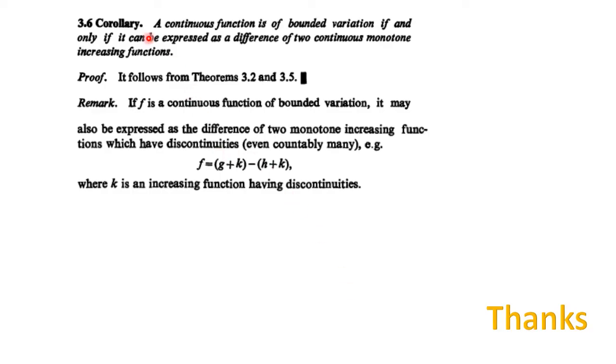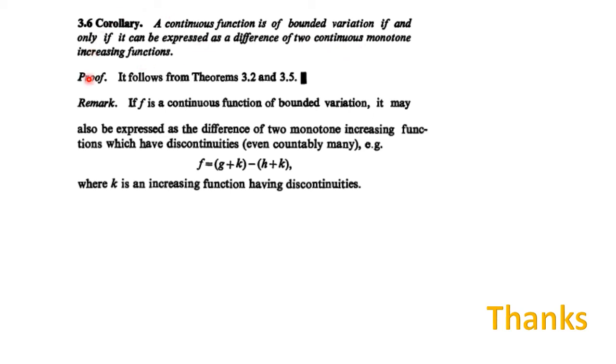The corollary: a continuous function is of bounded variation if and only if it can be expressed as the difference of two continuous monotone increasing functions. This is just by the previous two theorems. By the Jordan decomposition theorem, any bounded variation function can be written as the difference of two monotone increasing functions.